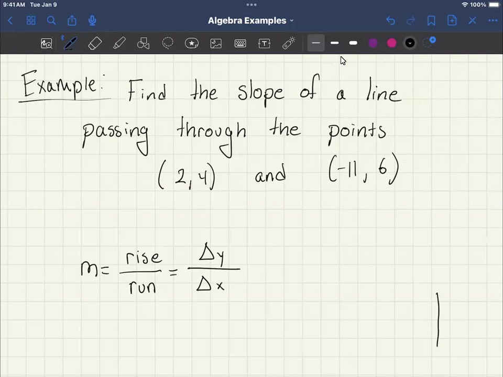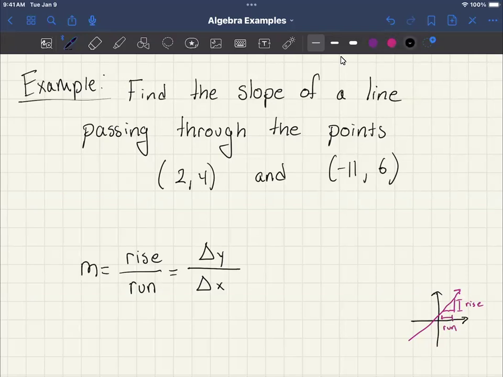If we have a line here and we want to know what the slope is, we are looking at how far up it's going. That's the rise. And we are dividing that by how far over it's going, called the run.